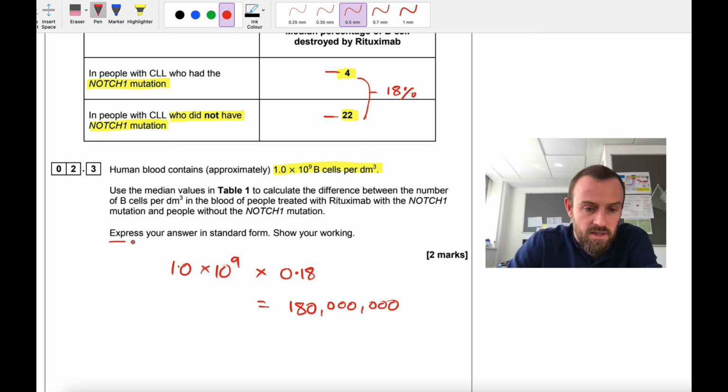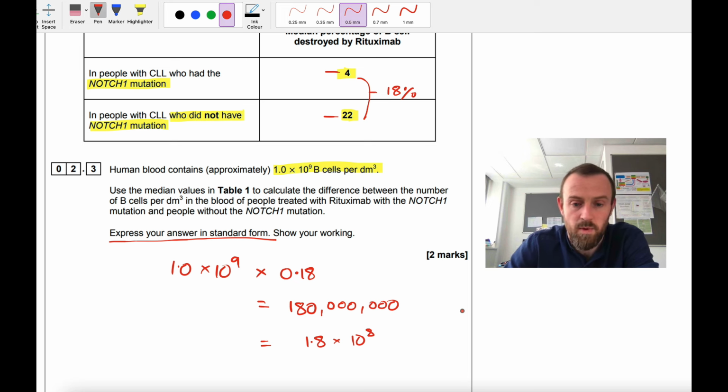Oh, look, it says express my answer in standard form. So that is going to be 1.8 times 10 to the 8 cells per dm cubed.